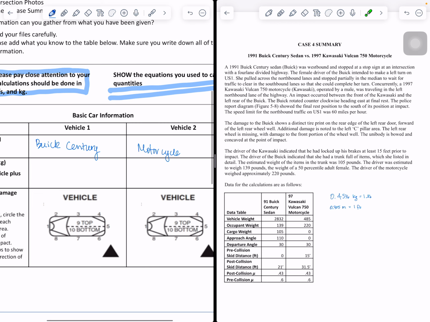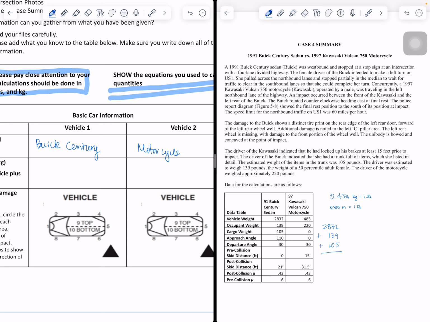To fill out this next box correctly, I would need to do 2832 plus 139 plus 105. So I'm going to add those together: 2832 plus 139 plus 105.